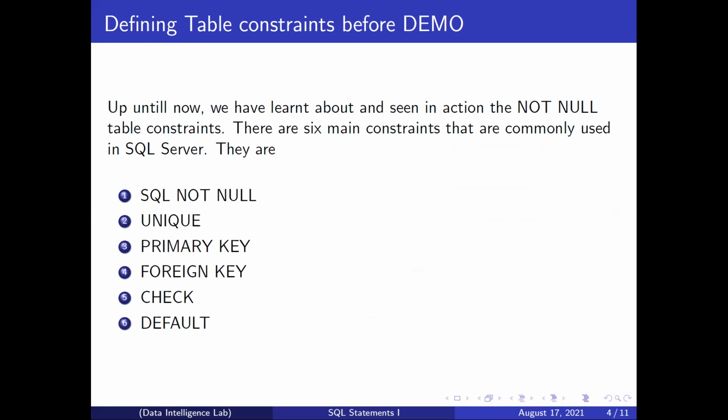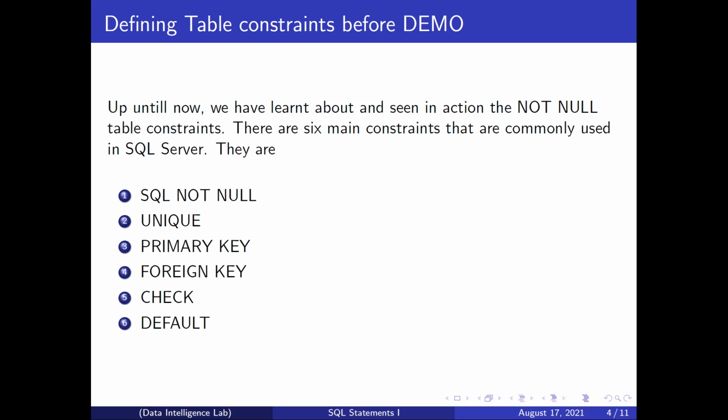So up until now, we've been looking at SQL not null constraints placed on tables. Constraints are ways of shaping your table to define the kind of data stored in them.